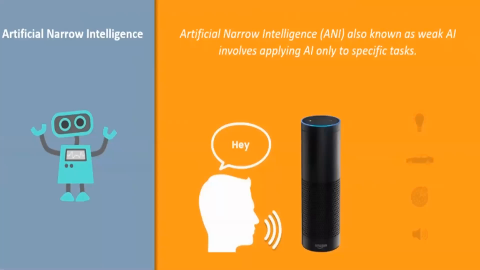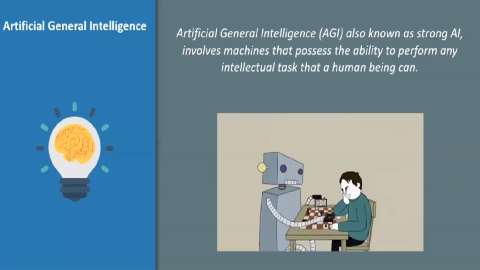Okay, so narrow intelligence means we are using the Google Assistant, right? It will do only one kind of specific job, like Google Assistant, Google Home. All these things come under narrow intelligence. General intelligence means robots. Normally they call it reinforcement learning, like a driverless car. They are making some robots for the army and other things. There is something called Boston Dynamics, developing robots for firefighting and other things.